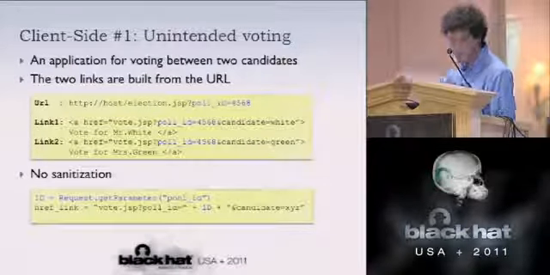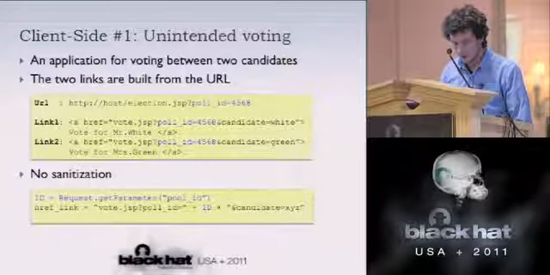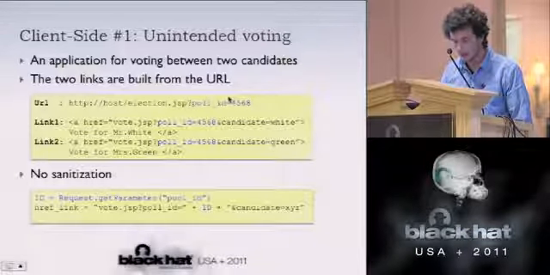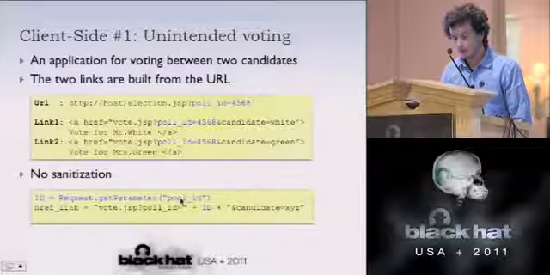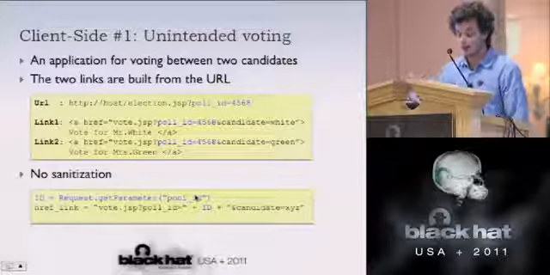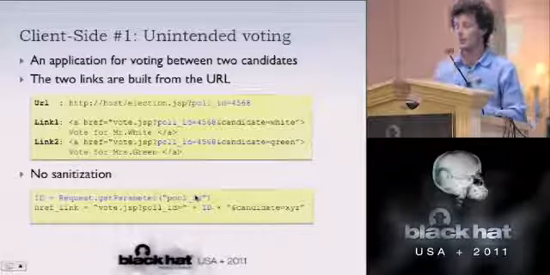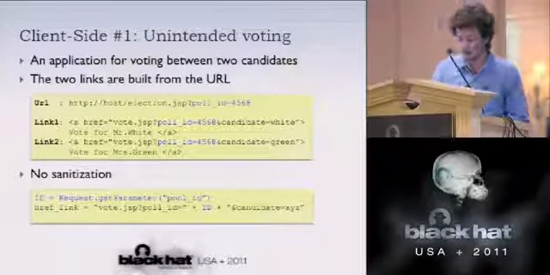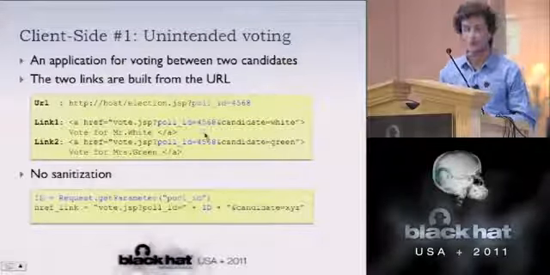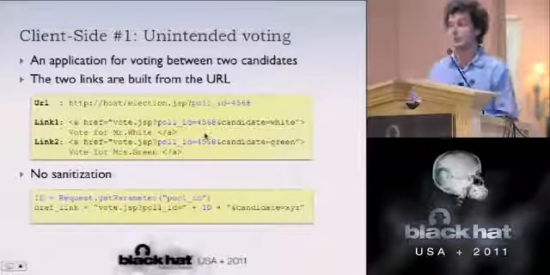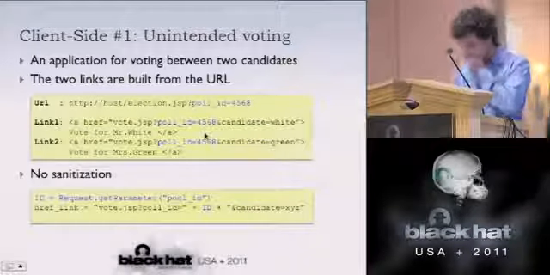There is nothing strange with this. What you can see here is that this poll ID, server side, is actually taken and used directly to build the 2 links. In fact, the two links contain the poll ID, which specifies for which poll you are voting.